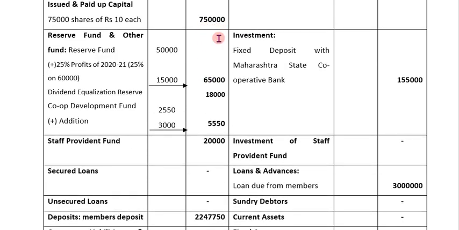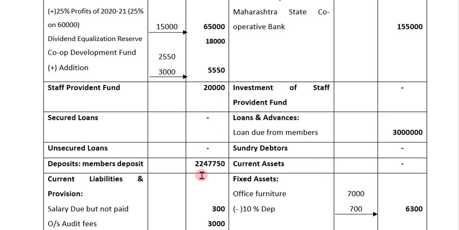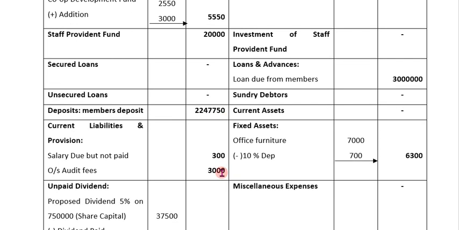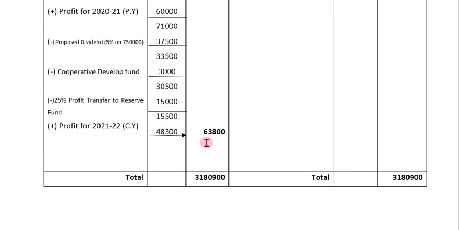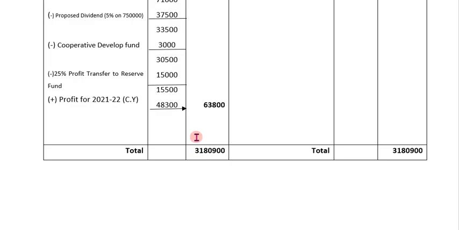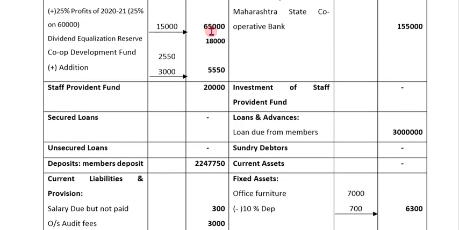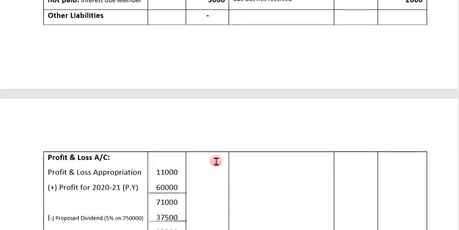So 7,50,000 plus 65,000, 18,000 plus 5,550, 20,000 plus 20,000, 2,47,750, add 3,000 plus 300 plus 2,500 plus 5,000 and add 63,800.